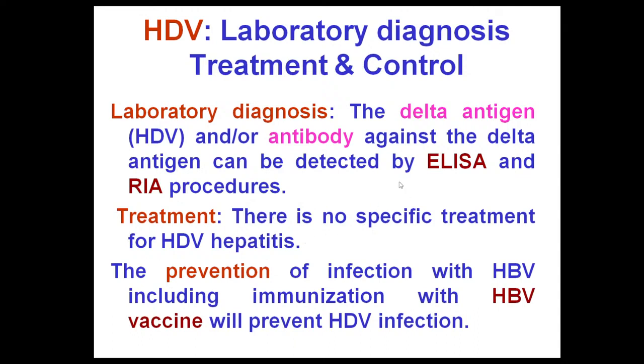But this infection, as I said, is preventable by immunization against hepatitis B virus infection. Because as long as hepatitis B does not occur in the body, there will be no donor of the envelope glycoproteins for hepatitis D virus, so it cannot multiply there.